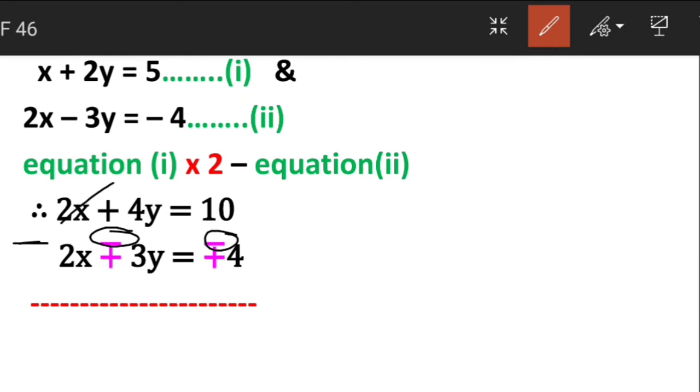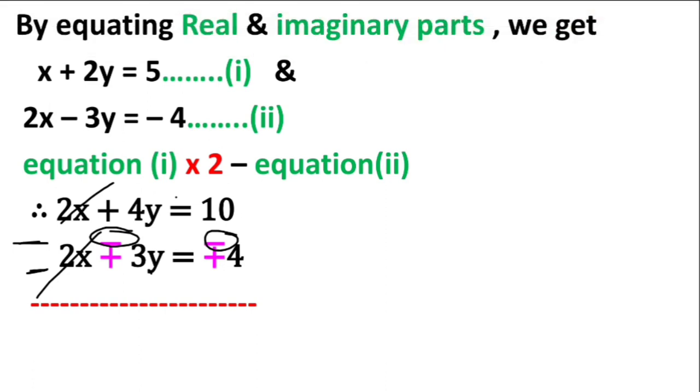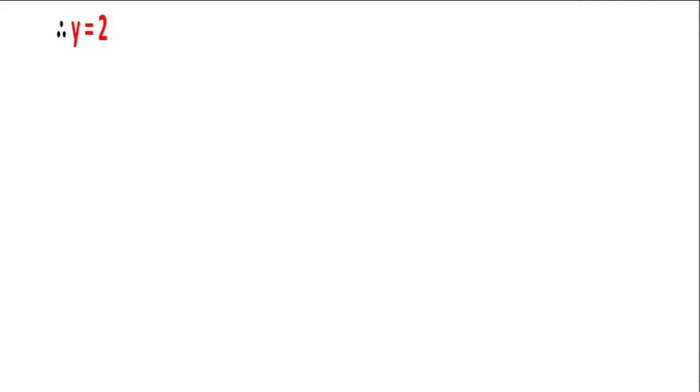Now here 2x becomes minus 2x, and minus 2x gets cancelled. 4y plus 3y becomes 7y, and 10 plus 4 becomes 14. So the result is 7y is equal to 14. From this you will get y. What is y? y is equal to 2.